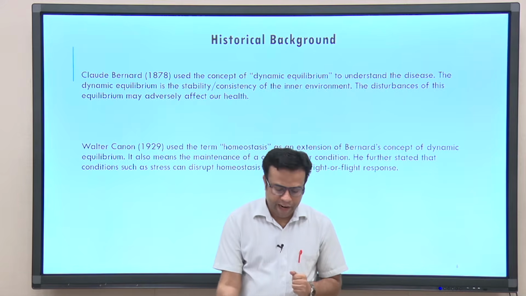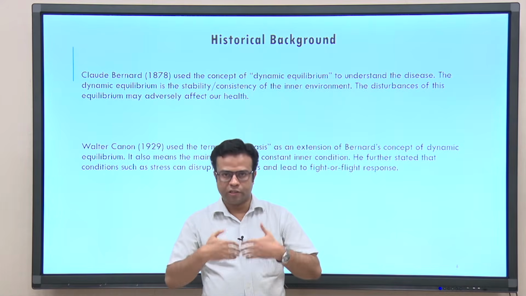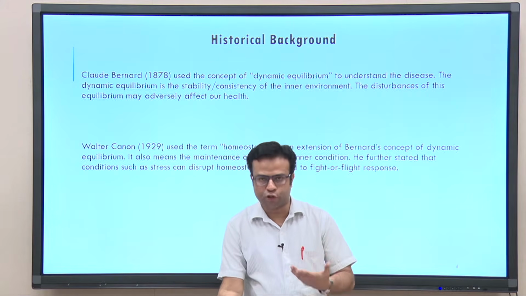Then Walter Cannon in 1929 used another term called homeostasis as an extension of Bernard's dynamic equilibrium concept. By homeostasis he meant almost the same thing. Basically he is talking about the maintenance of a constant inner condition. So, maintenance of homeostasis of the body is basically maintaining constant inner conditions of the body.